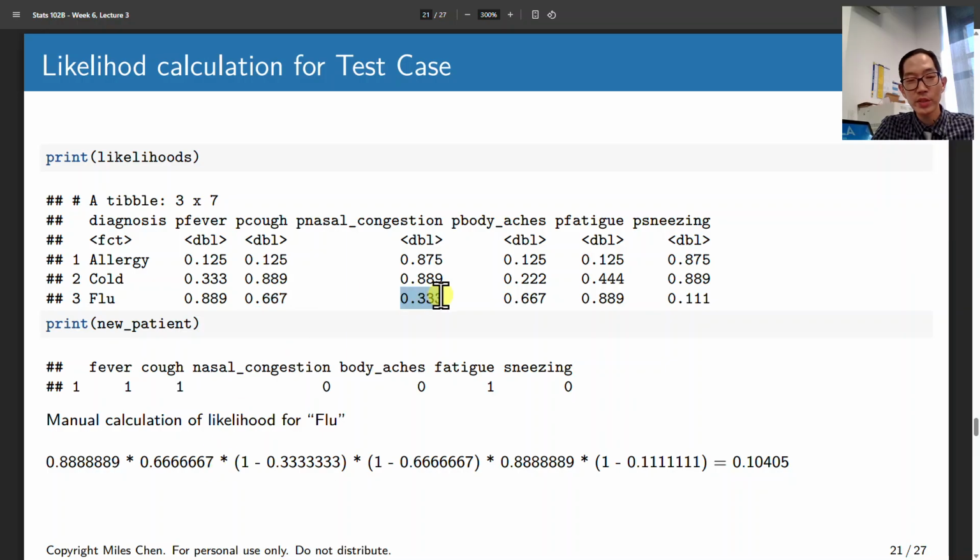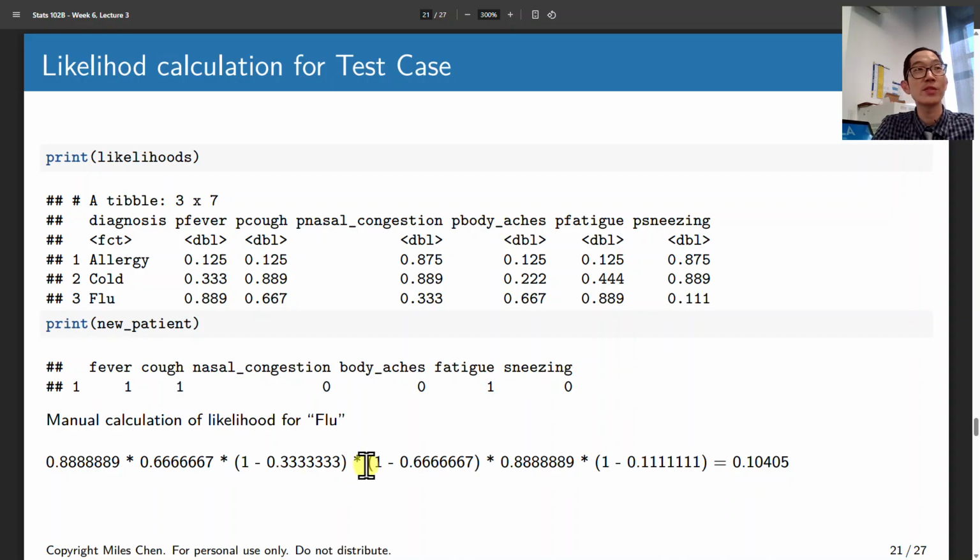They don't have nasal congestion, so we do 1 minus the probability of nasal congestion. They don't have body aches, so we do 1 minus the probability of body aches. They do have fatigue, so we multiply by 0.889. They don't have sneezing, so we do 1 minus this.